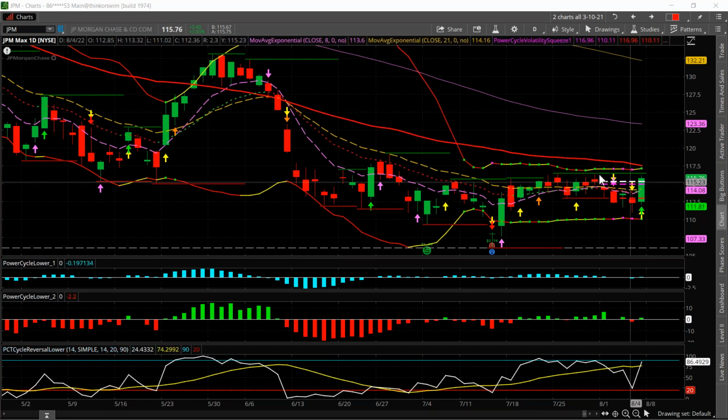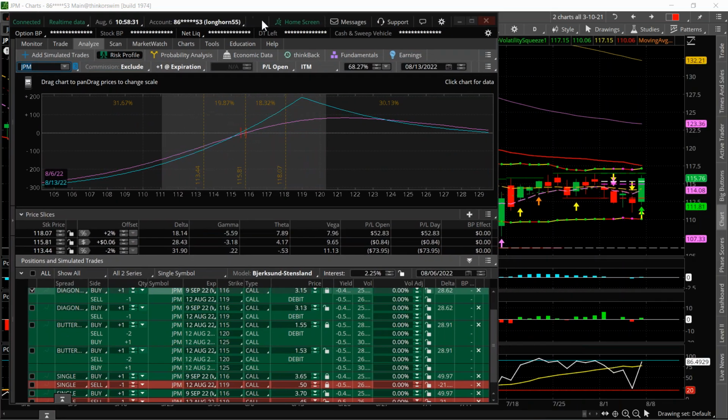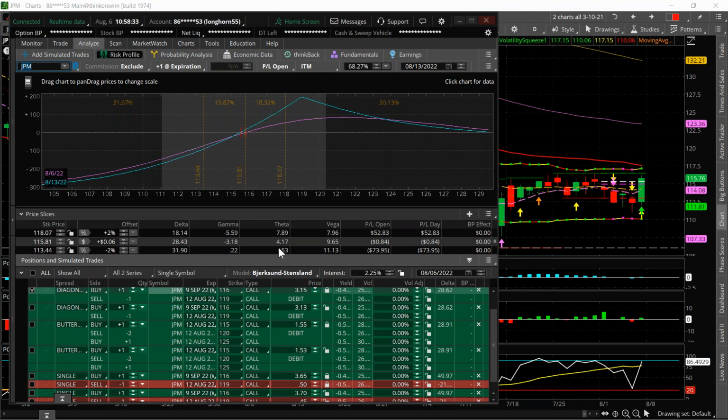It could continue coiling here, maybe go down, but what we did was a call calendar diagonal to take advantage of it. If it does churn sideways, we're going to get paid while we wait. So it's got a positive theta here of $4.17. We did this trade along the 9th September 116 call, and short against it the 12 August 119 at 3.15.